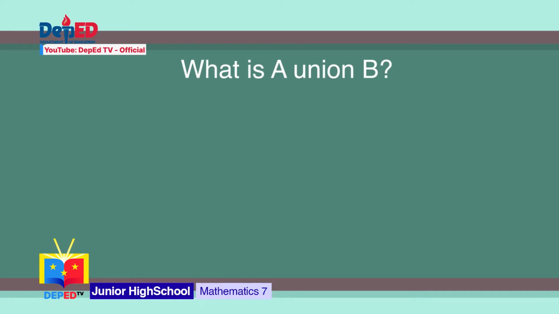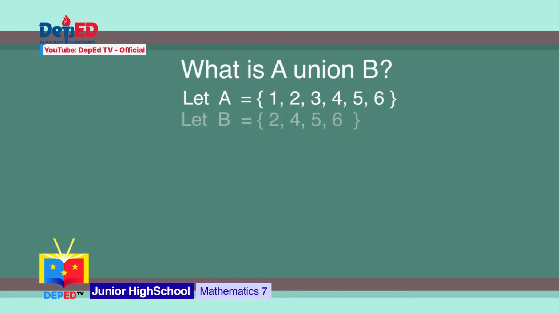For the first 2 items, let set A consist of the numbers 1, 2, 3, 4, 5, and 6, while set B consists of 2, 4, 5, and 6. Which of the following is the set describing A union B?